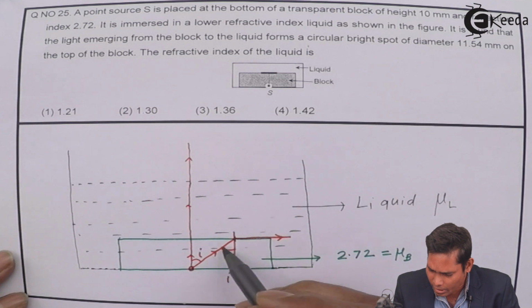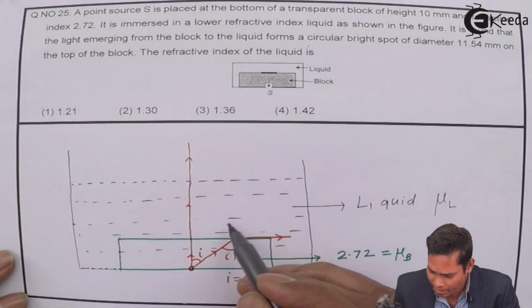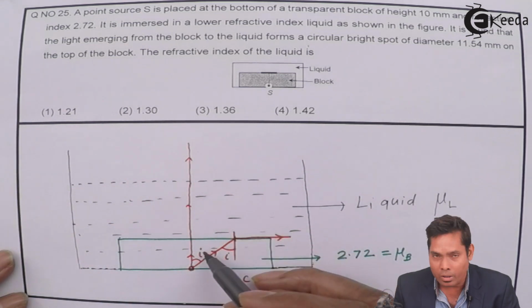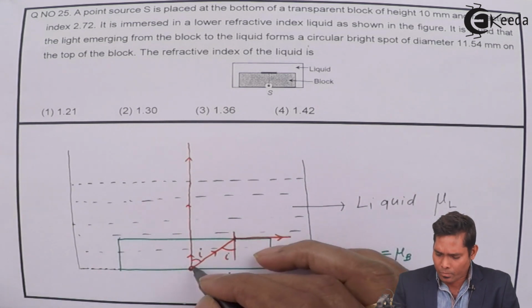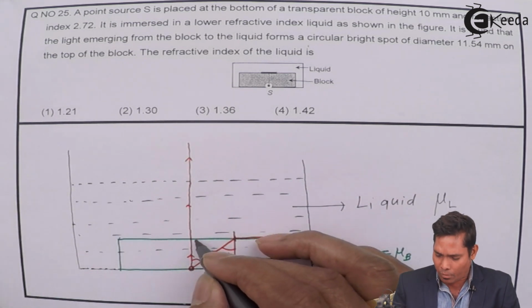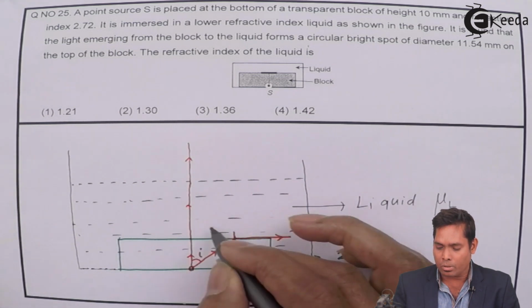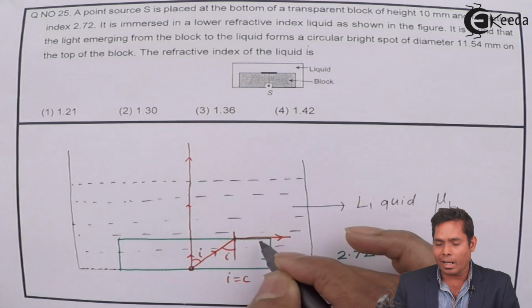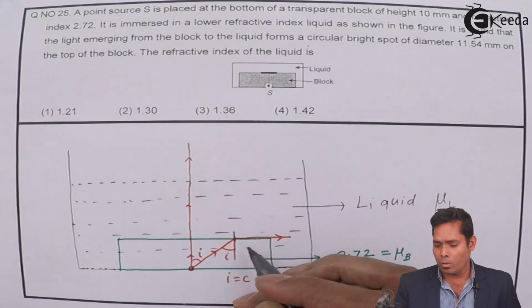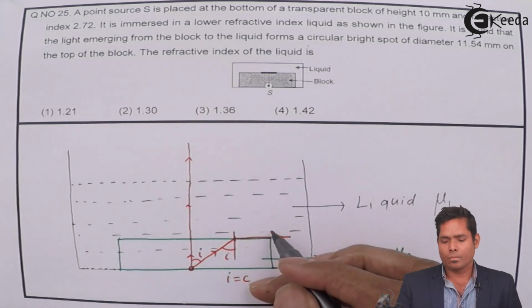From here to here all light will come out, it will undergo refraction, and we can see light here, so therefore there will be a circular patch. After this there is darkness because light is not coming out.